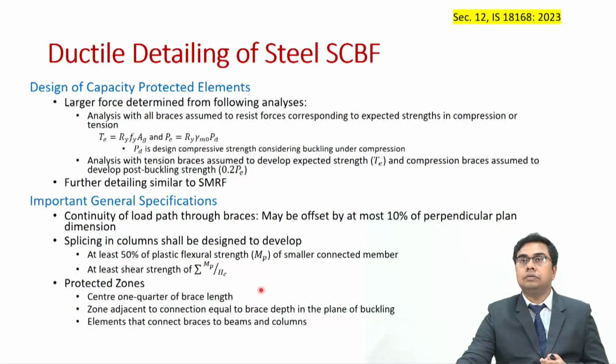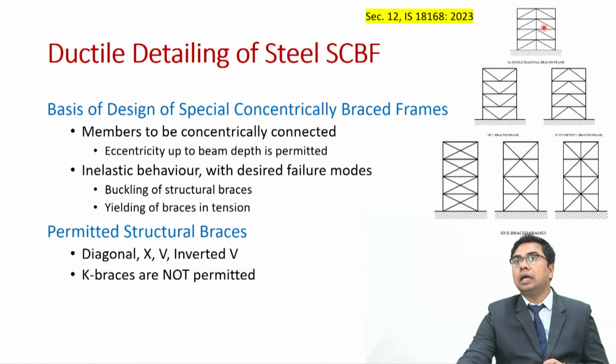One analysis is where all the braces are assumed to resist forces corresponding to expected strength in compression or tension. As you can see in this slide, in this case of diagonal bracing, if this brace is under compression, this very brace is in tension. Similarly, at the same time, these braces shall be in compression and these braces shall be in tension. So, we assume that each of them is carrying out its role properly.